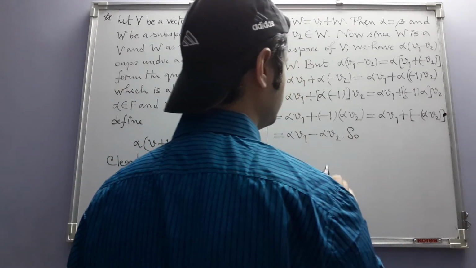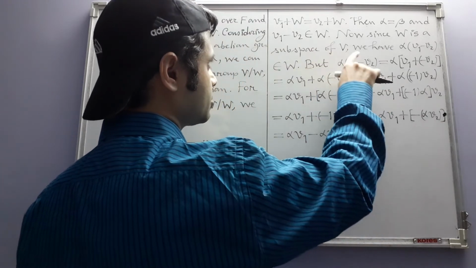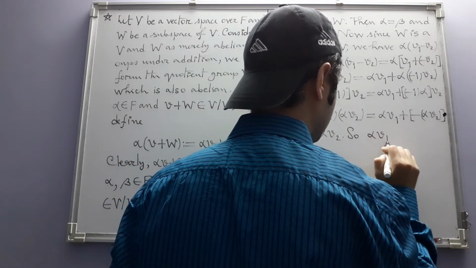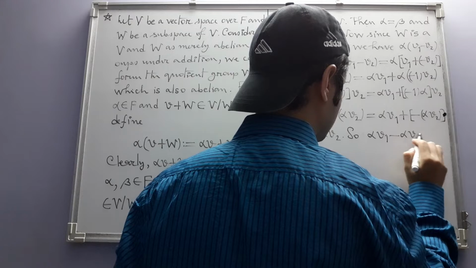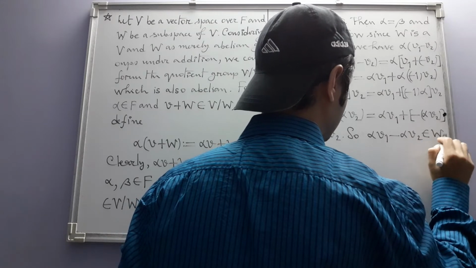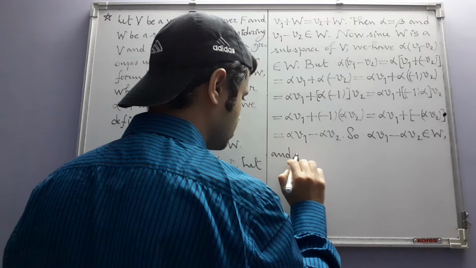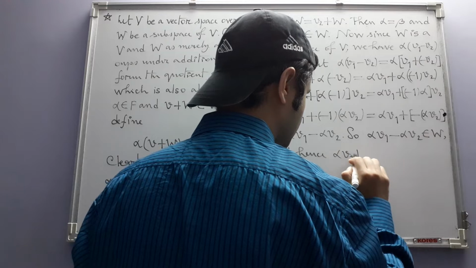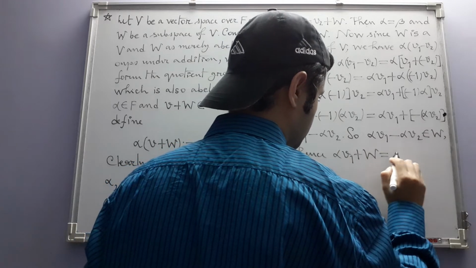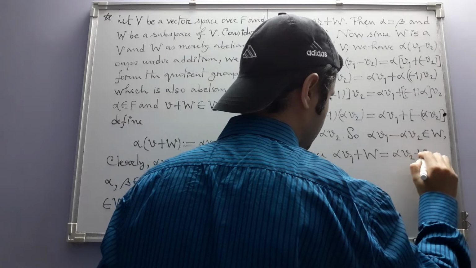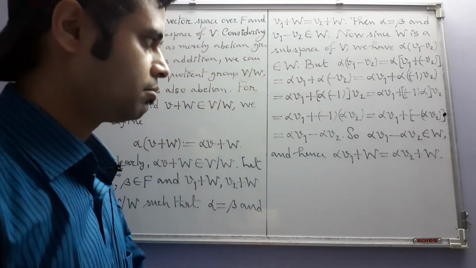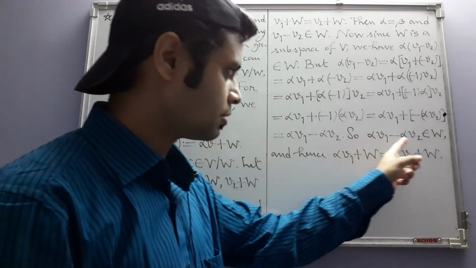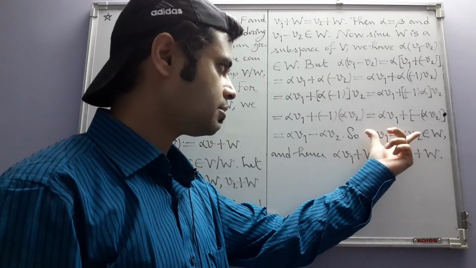So because this itself belongs to W, so this will also belong to W. And hence alpha v1 plus W is equal to alpha v2 plus W, because W is a subgroup under addition, subgroup of V. So just like this implies this, this also implies this.